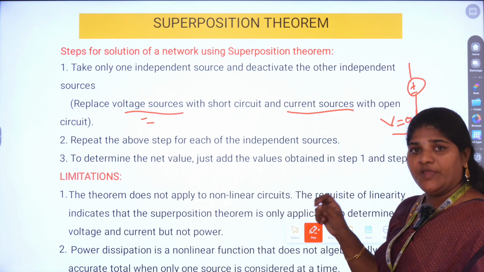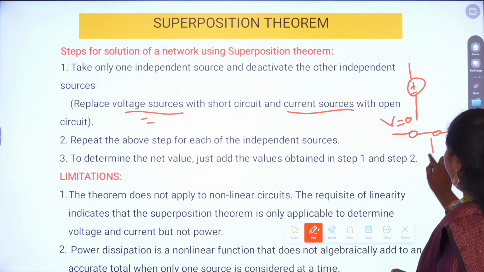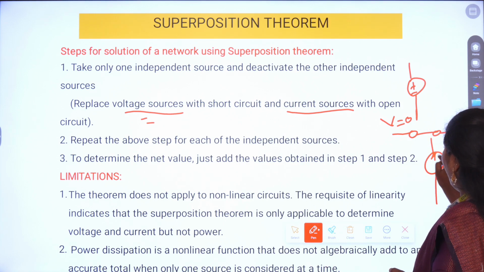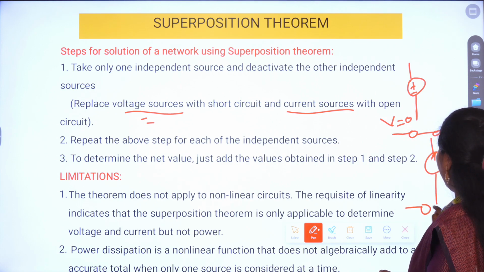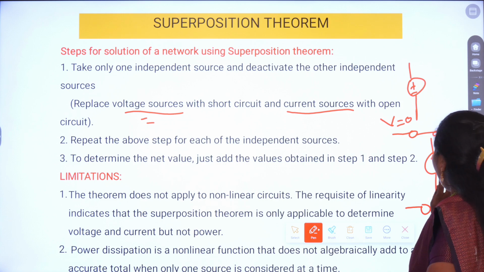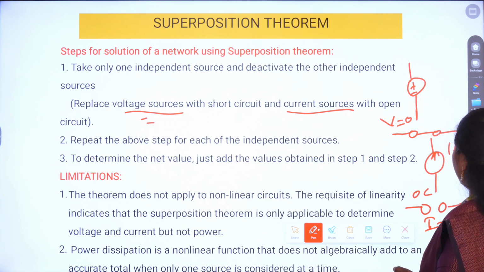Whenever we want to make a current source non-operative, like when we have some 1 amp or 2 amp source and we want it to be 0, we have to make it an open circuit. So open circuit current is equivalent to 0.